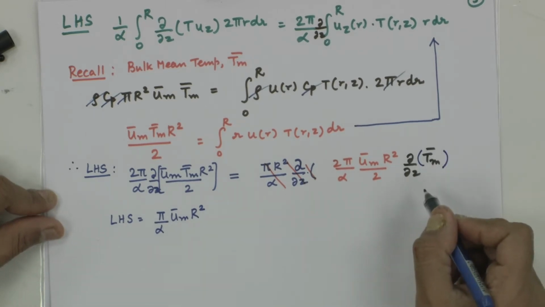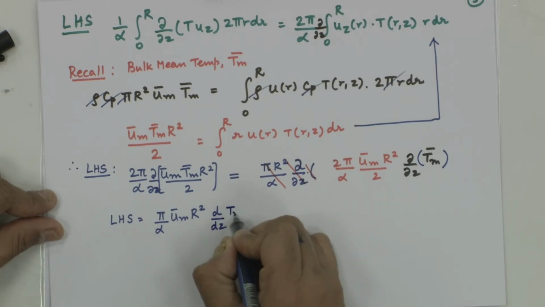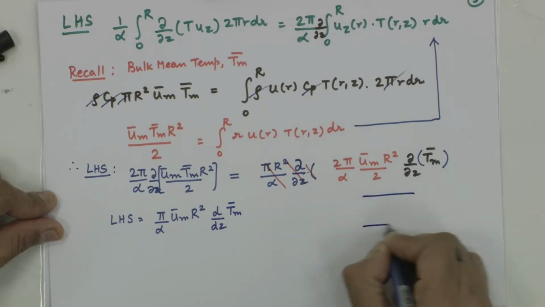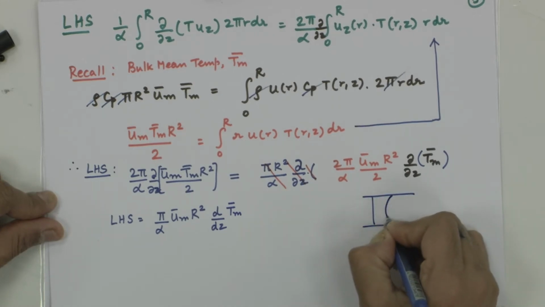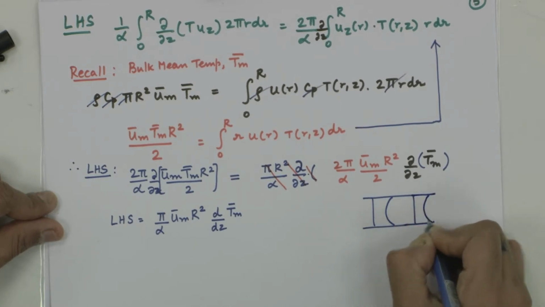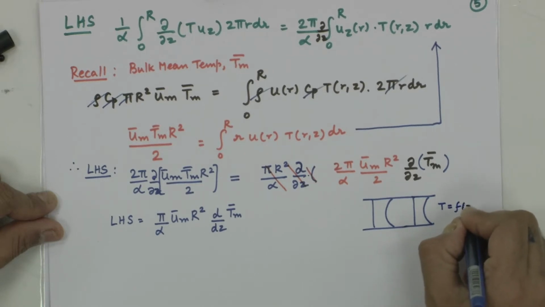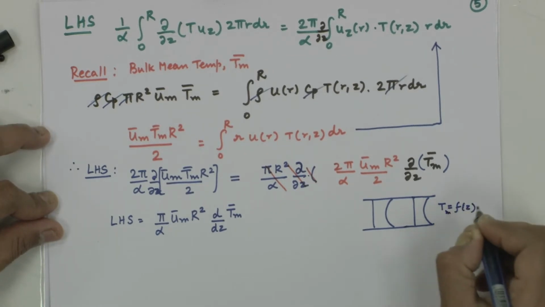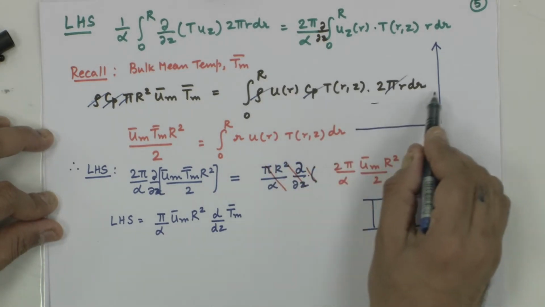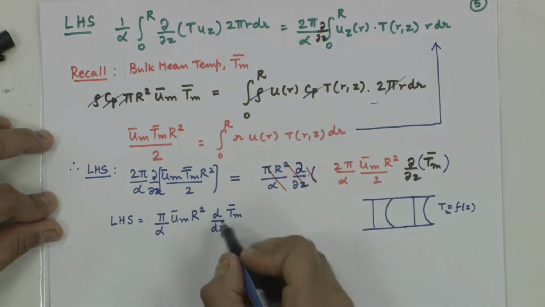Bulk mean temperature is only a function of Z. Why? Because I am having the profile which is changing only this way, thermally fully developed. T is a function of Z only. T bulk mean is a function of Z only. Why? Because you have already integrated with respect to R. Therefore, the R dependency is completely lost.